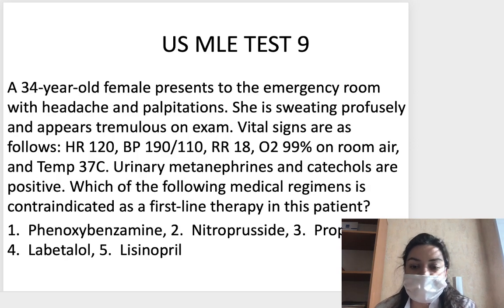And the last test for you for today. A 34-year-old female patient presents to the emergency room with headache and palpitations. She is sweating profusely and appears tremulous on exam. Vital signs are as follows: heart rate 120, blood pressure 190 by 110, respiratory rate 18, saturation 99 on room air, and body temperature 37.